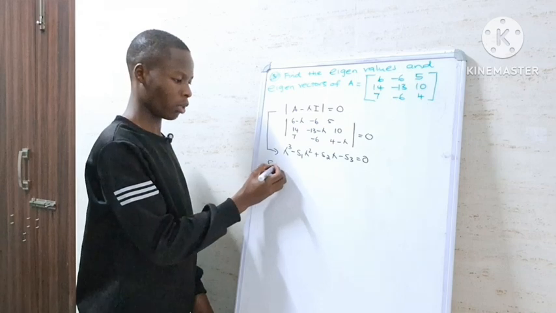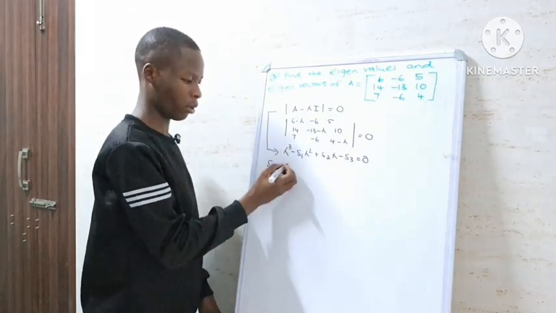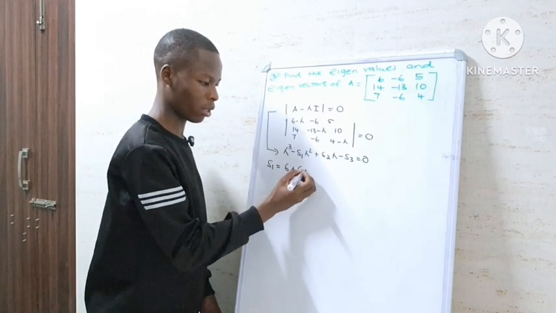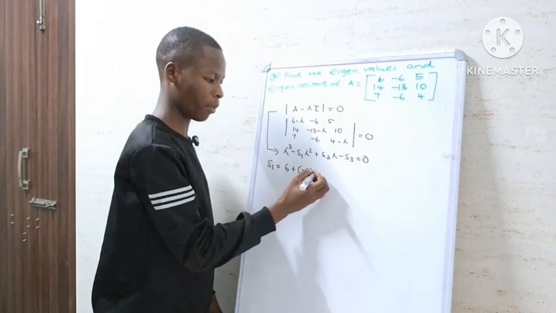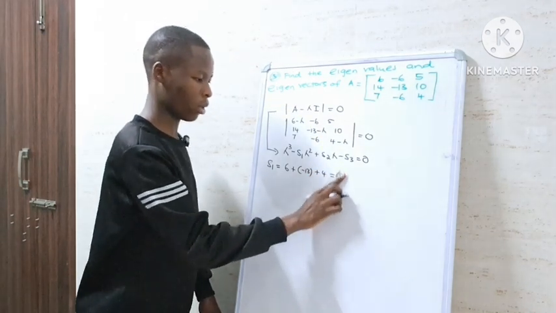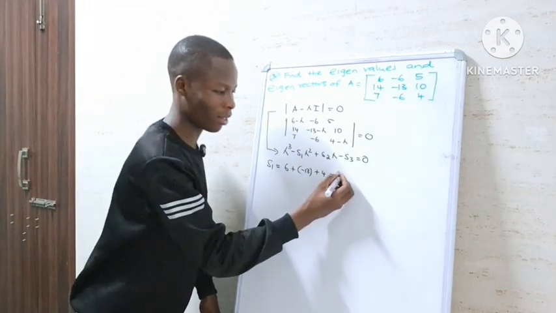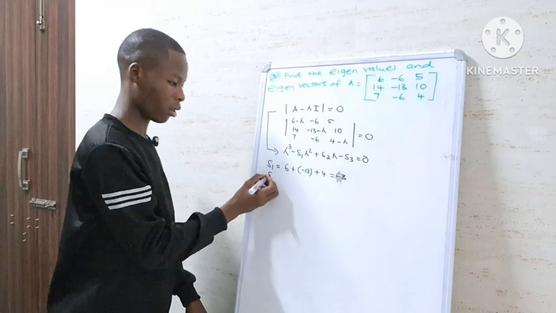Okay, s1 is the sum of elements in the main diagonal. So it's 6 plus negative 13 plus 4. 6 plus 4 is 10, subtract 13, this is negative 5.